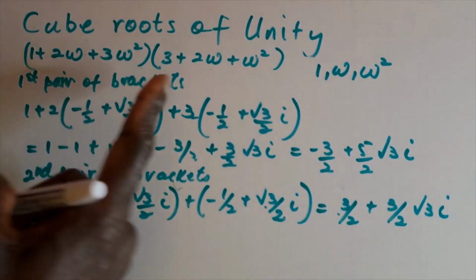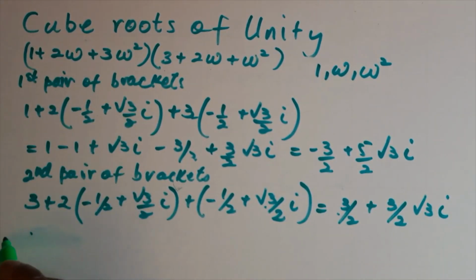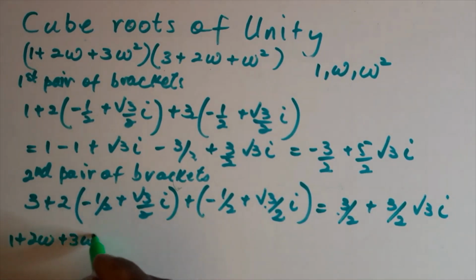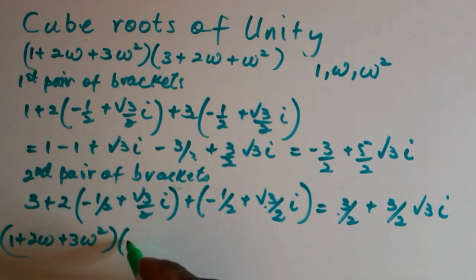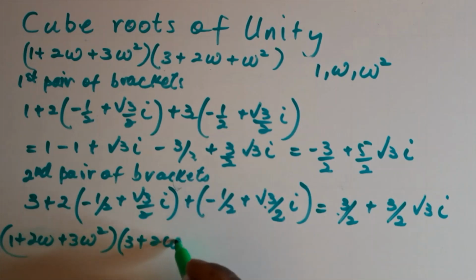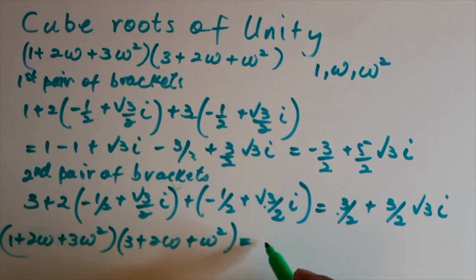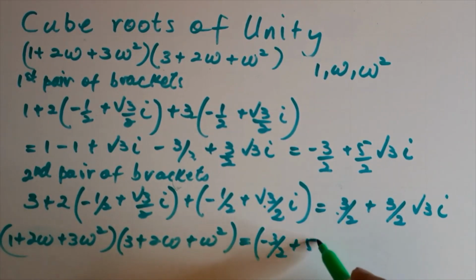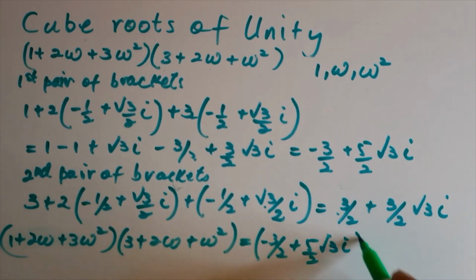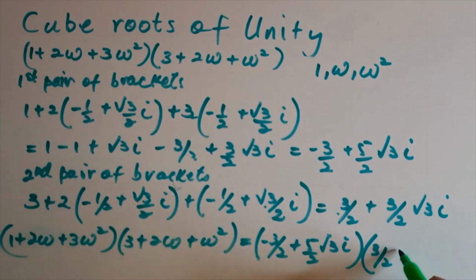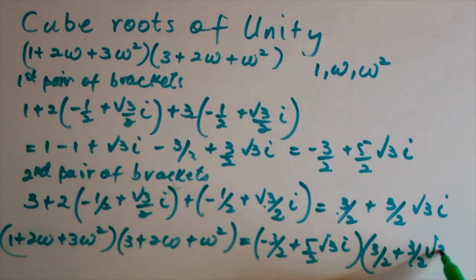And now we can rewrite this. Let's start here, 1 add 2 omega and 3 omega squared multiplied by 3 add 2 omega squared as minus 3 over 2 and 5 over 2 root 3i times 3 over 2 and 3 over 2 root 3i.